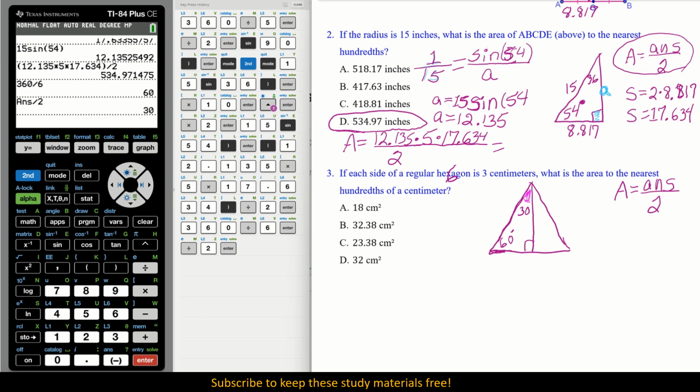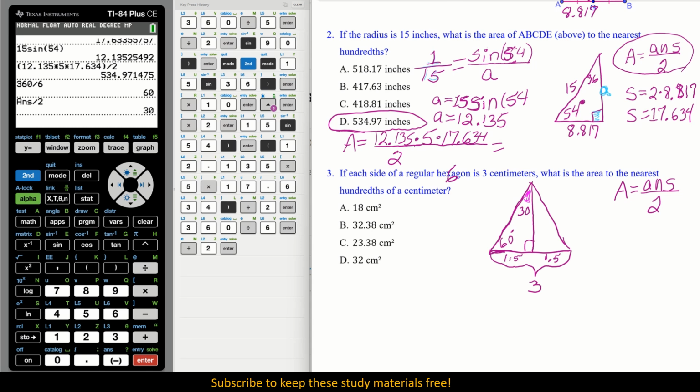Okay, across from here, now they said each side is 3 inches. It says each side of the regular hexagon. So this little section is 1.5 and this little section is 1.5.